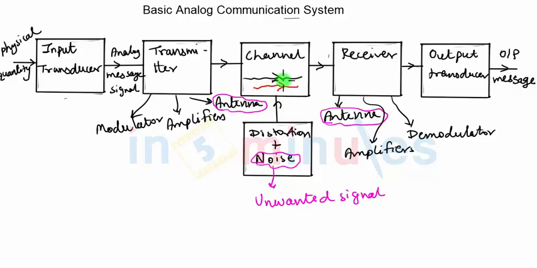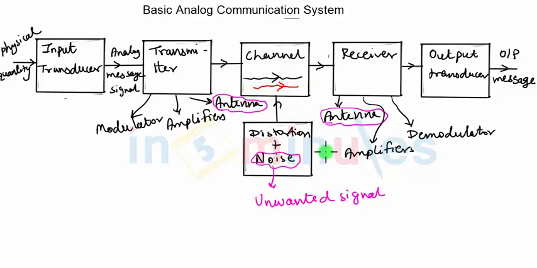Because it gets added in the channel and it is not part of the original signal, it is unwanted to me. It is an unwanted signal, and this unwanted signal is very famously called noise. So my original signal itself may go through some form of distortion, and at the same time it may get contaminated by some unwanted signal which is called noise.